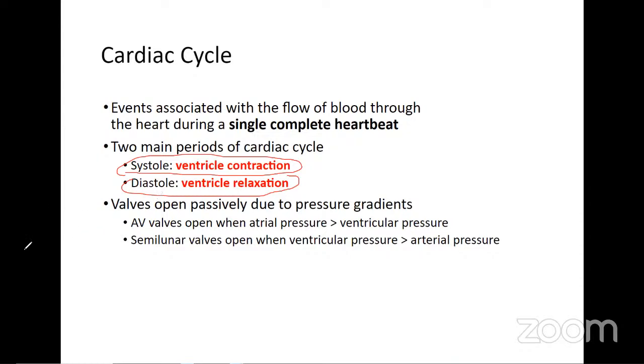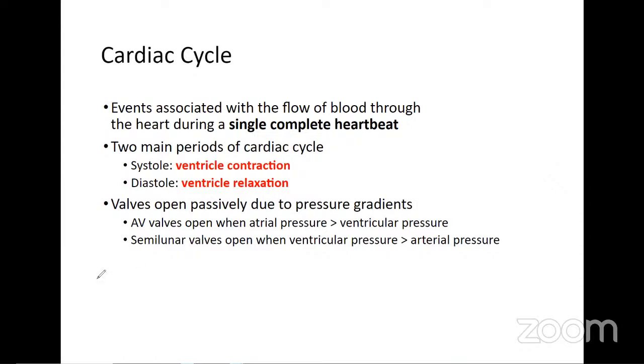Okay. So our valves are going to basically be our doors directing blood flow, or really preventing backflow. So our valves between our atria and our ventricles, and also between our ventricles and the great vessels, which are the pulmonary trunk leading into those pulmonary arteries, and our aorta leading out to the systemic circuit. All of those are going to open passively, basically when we have blood pushing on them from the correct direction.